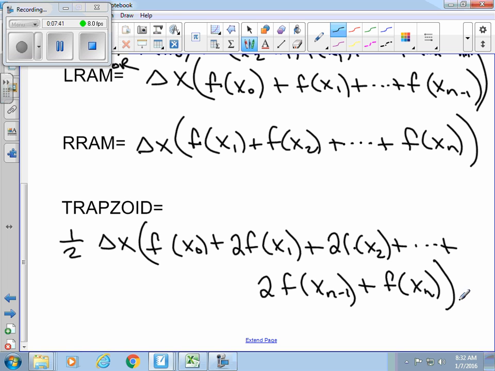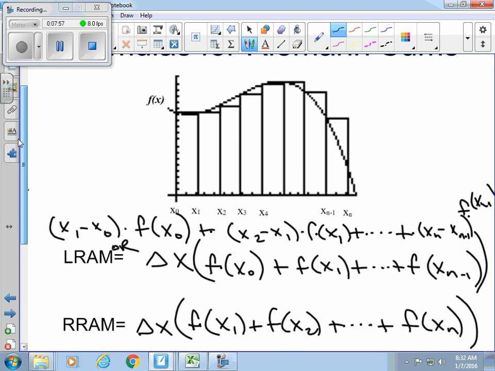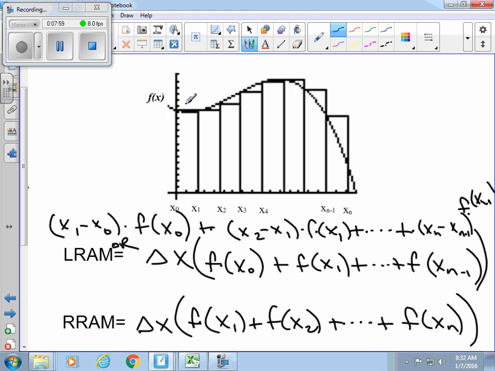So you're going to do 2 times all the middle endpoints, but only one of the end endpoints because of the doubling on the trapezoid. So those are generic formulas for left RAM, right RAM, and trapezoid. On that picture, so here I would have, let me use a different color so you can see it. This would look like that.